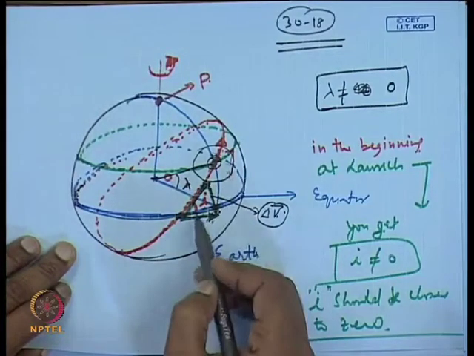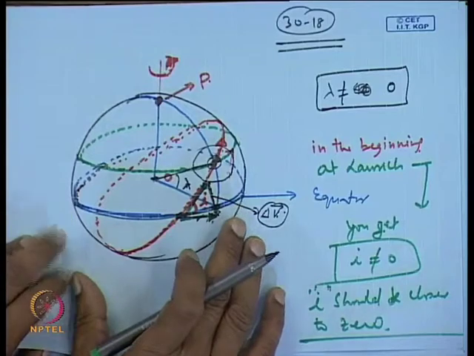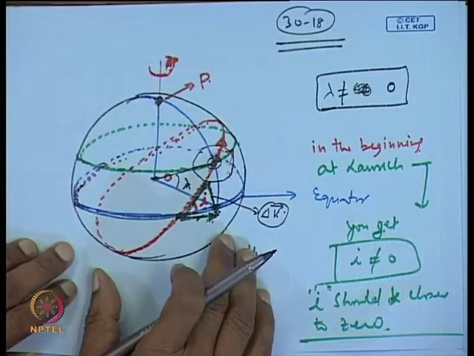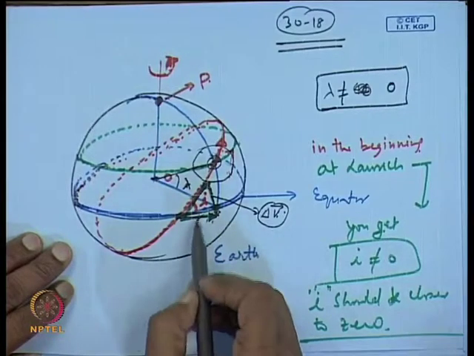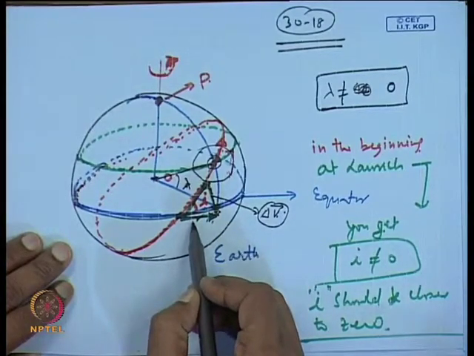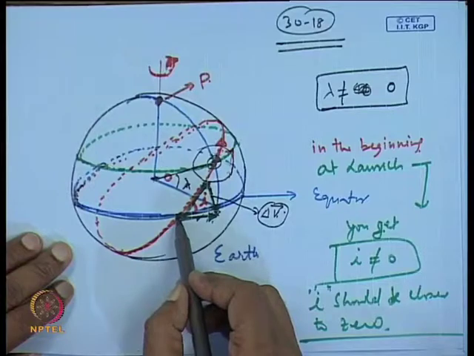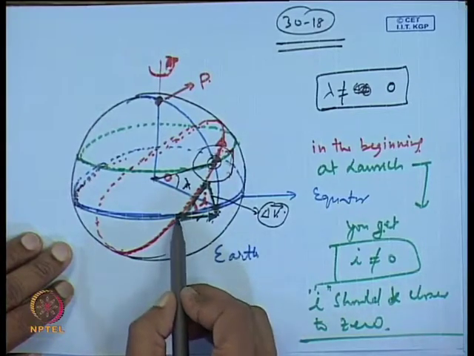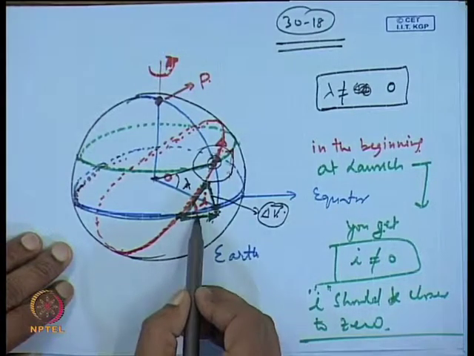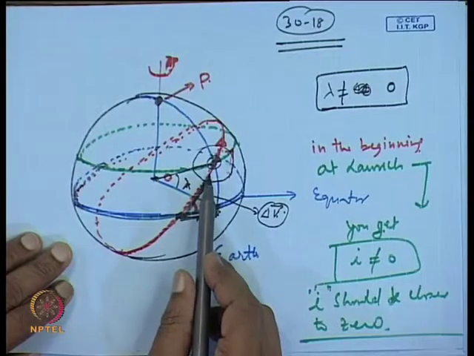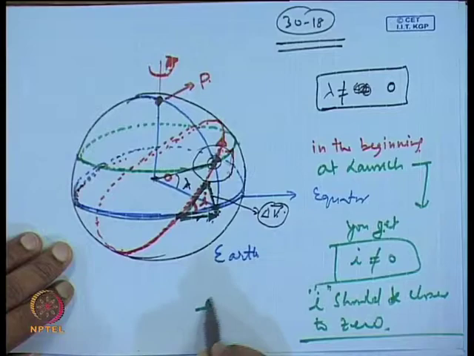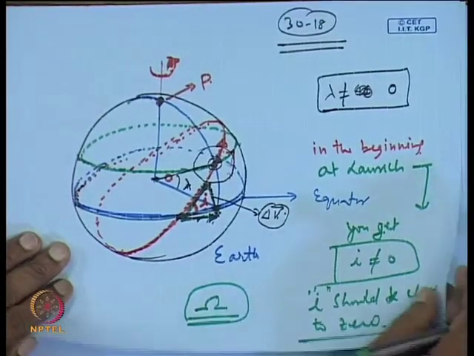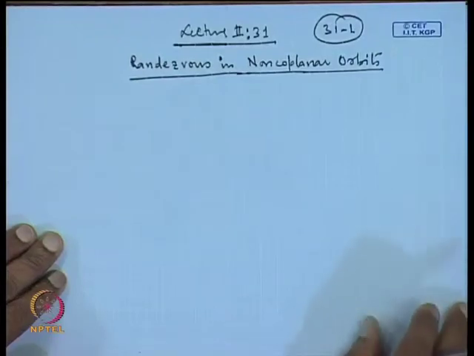Therefore, by applying an out-of-plane impulse, we will be able to change the inclination of the orbit. If you apply the impulse here, you will be able to change the inclination. If you apply it at some other place, then your capital omega, which is the nodal angle, will also get affected. So, let us start discussing this.